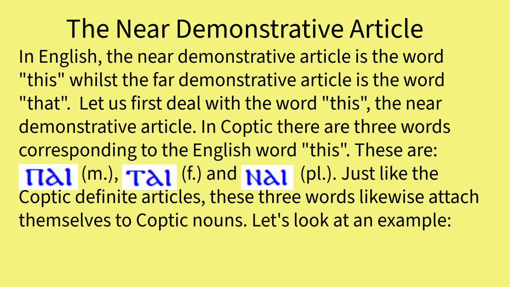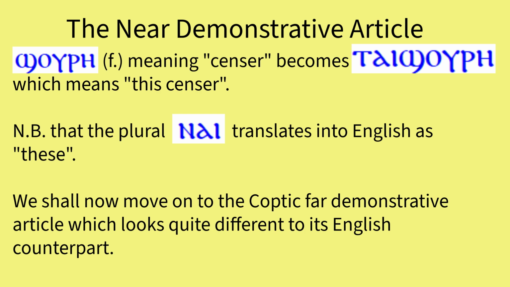Just like the Coptic definite articles, these three words likewise attach themselves to Coptic nouns. Let's now look at an example. So let's take as an example the Coptic word for censer, which of course is an object or vessel used to carry incense, probably originally in Egyptian temples and also in Coptic churches also.